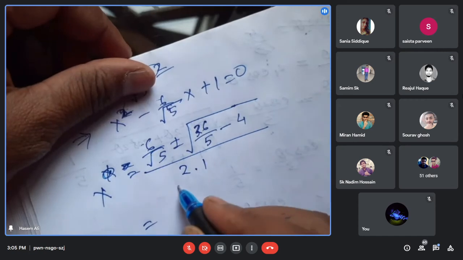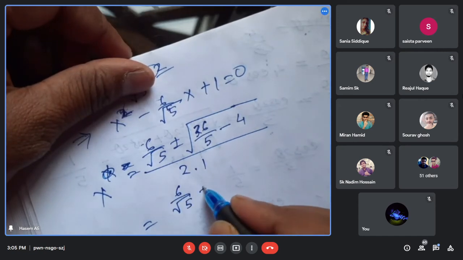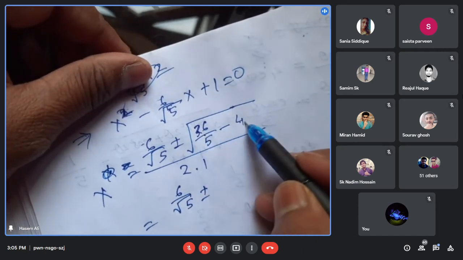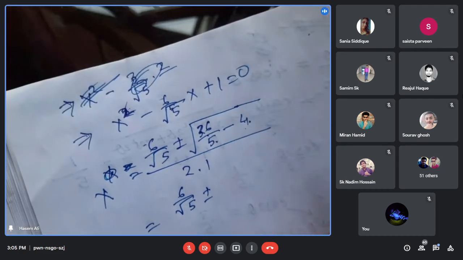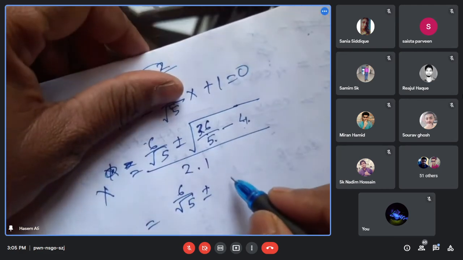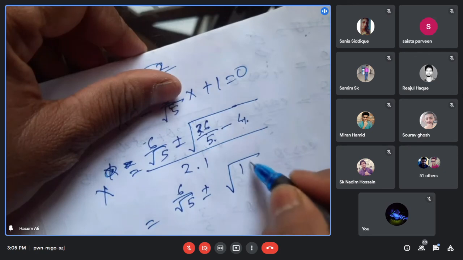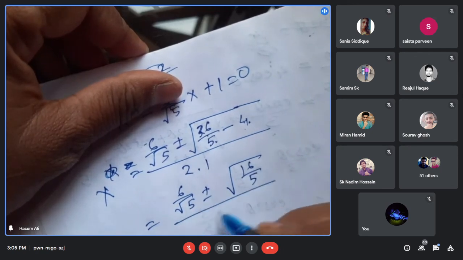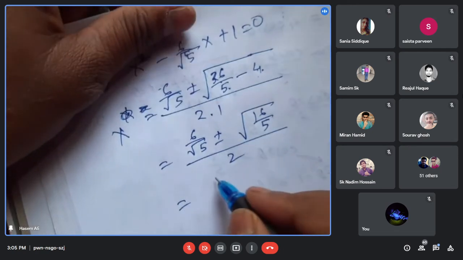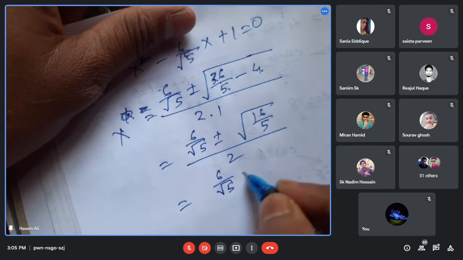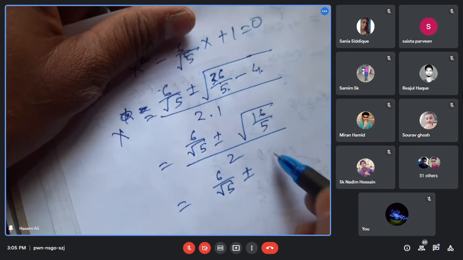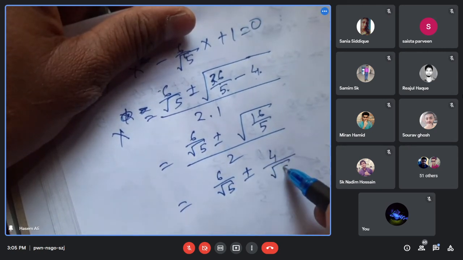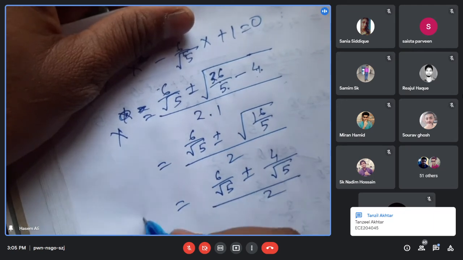So 6 by root 5 plus minus root over 36 by 5 minus 4, that means 16 by 5, by 2. So 6 by root 5 plus minus 4 by root 5, by 2.